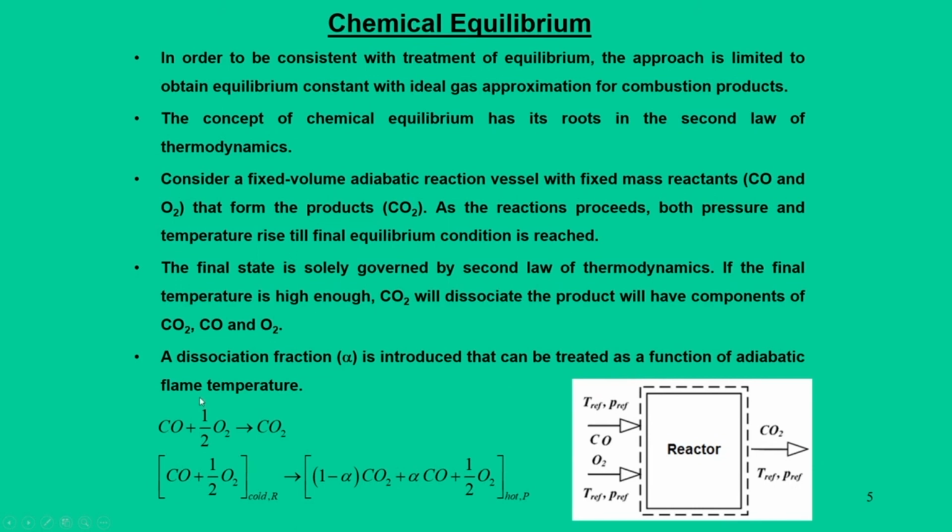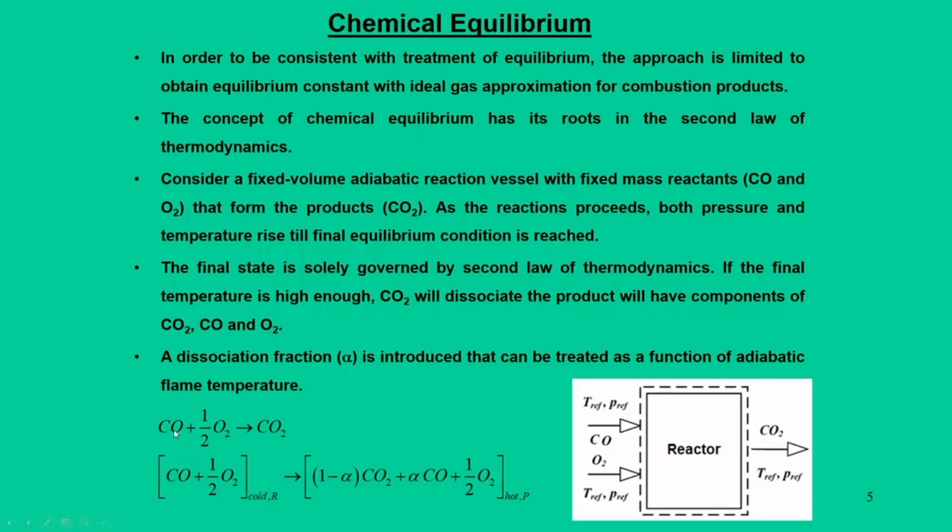That means, what is the effect of this alpha when there is a change in the adiabatic flame temperature? Why do I say adiabatic flame temperature? It is because it is the theoretical thermodynamic estimate, that is, the upper limit of reaction temperature. So, if you write the reaction in balanced form, CO plus half O2 gives CO2.